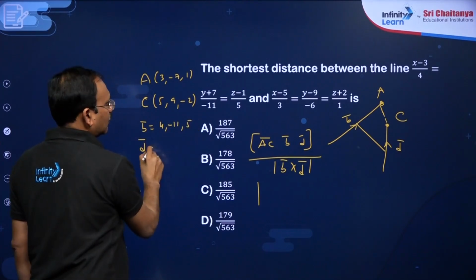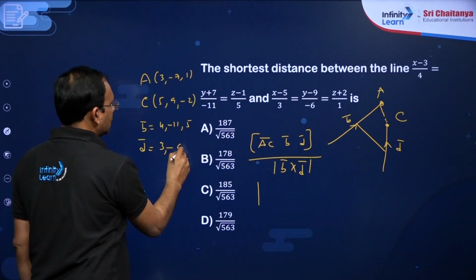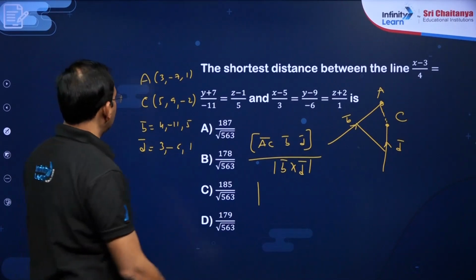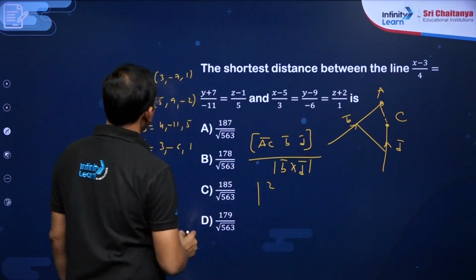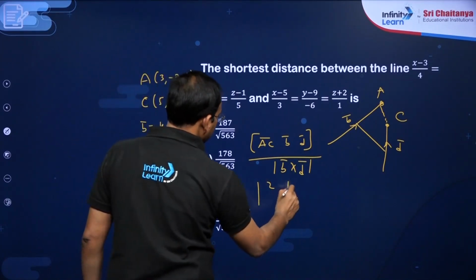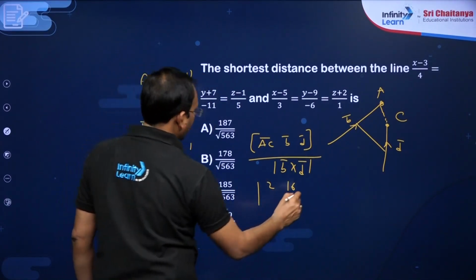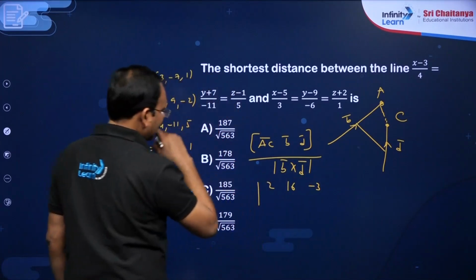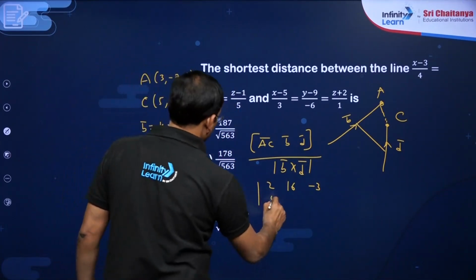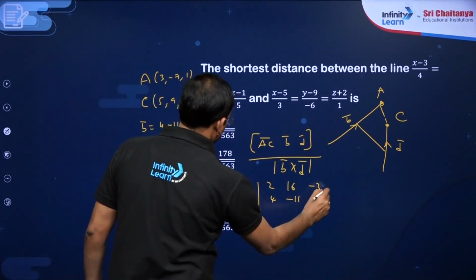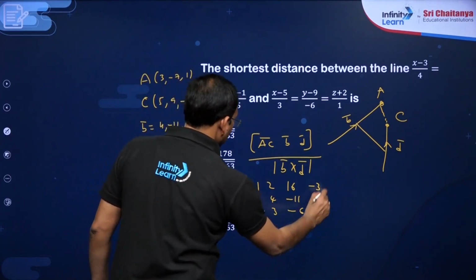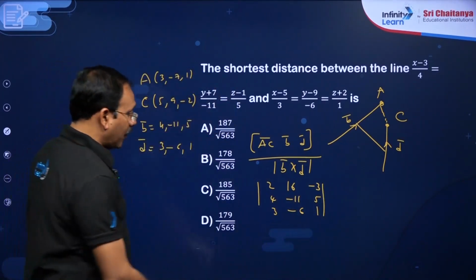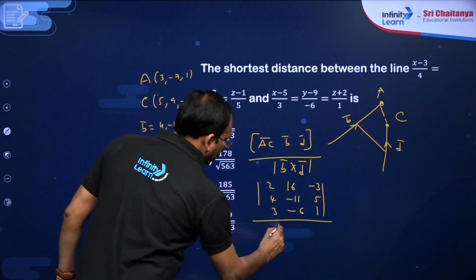D bar is nothing but 3 minus 6 1. So, box ABC means, you see, AC bar 5 minus 3 2, 9 plus 7 16, minus 2 minus 1 minus 3. Then B bar is nothing but 4 minus 11 5. This is 3 minus 6 1. Okay, by magnitude of B cross D.